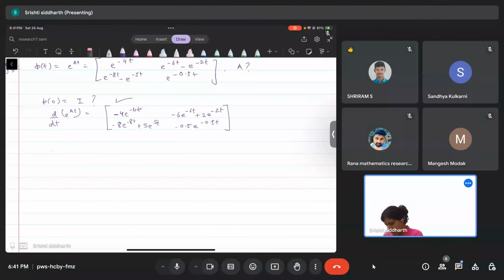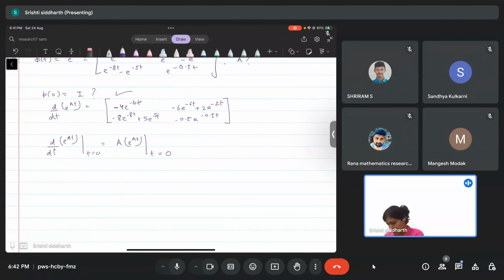Yeah. Okay. So then we just have to apply the property again, right? At t equals 0, this is exactly equal to. Okay, so let's just compute now. This is -4 minus 6 plus 2, and this is A times just the identity, right?